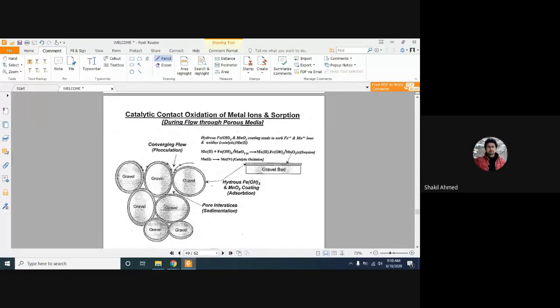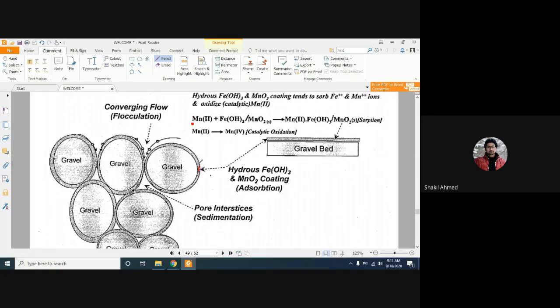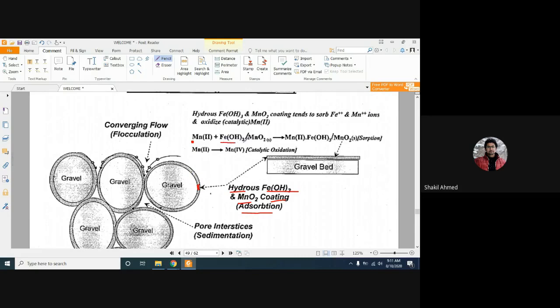Here is a figure. You can see that this is catalytic contact oxidation. This layer is the ferric hydroxide or manganese oxide coating and adsorption. They can adsorb these layers actually. This indicator shows that this can adsorb this.